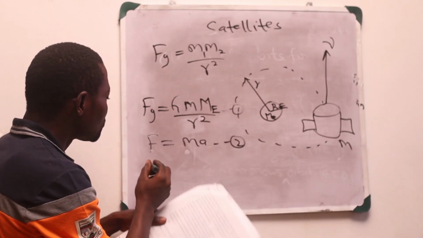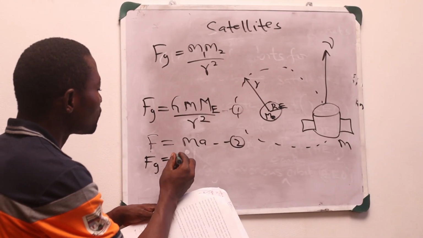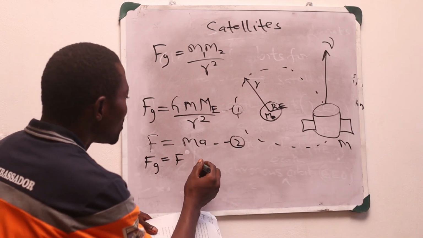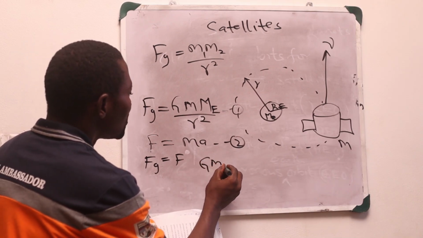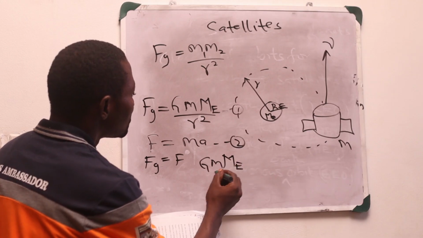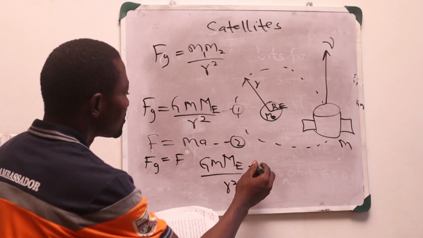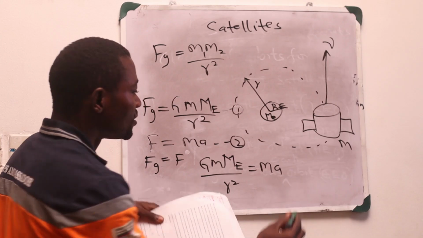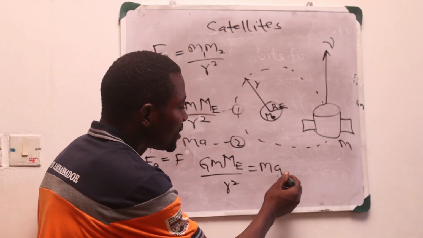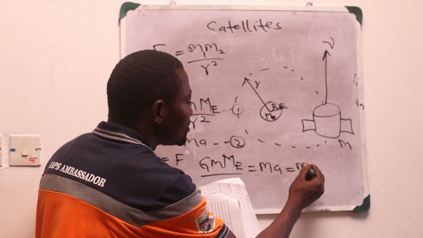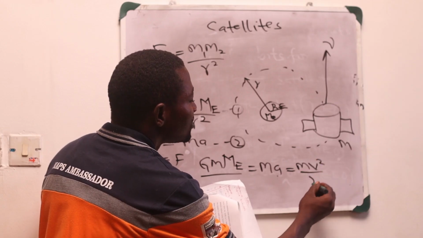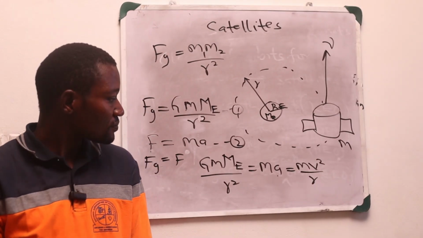If we equate equation 1 and 2, Fg equal to F, we will have that G M_E over r squared is equal to ma. And our a here is the acceleration due to gravity, which can be expressed in terms of velocity.